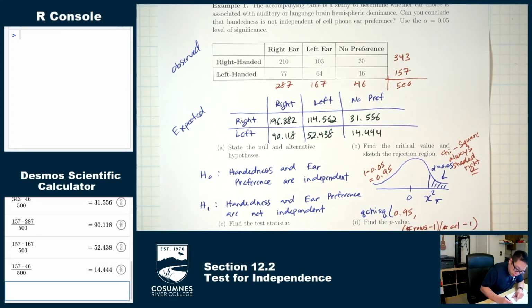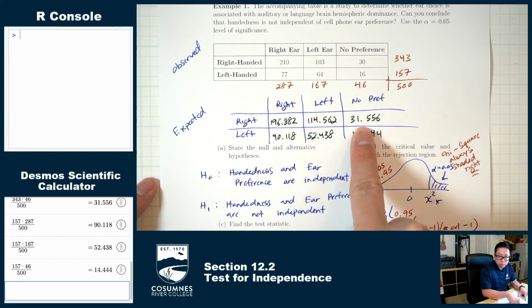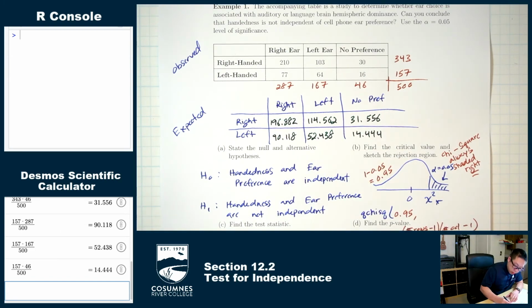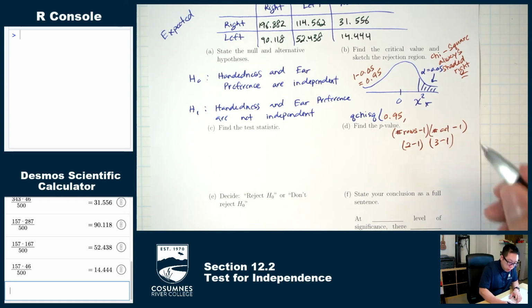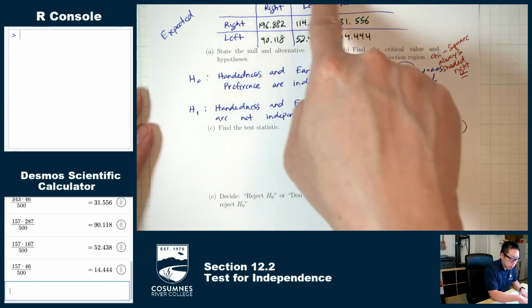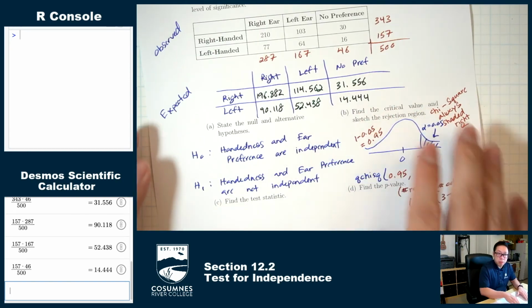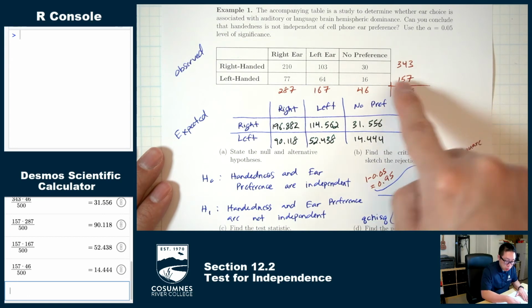Number of columns, 1, 2, 3 columns, minus 1. So that's 3 minus 1. And when I say rows and columns, I just mean the rows and columns of the original numbers. We're not counting the labels, and we're not counting the new numbers that we're writing in.